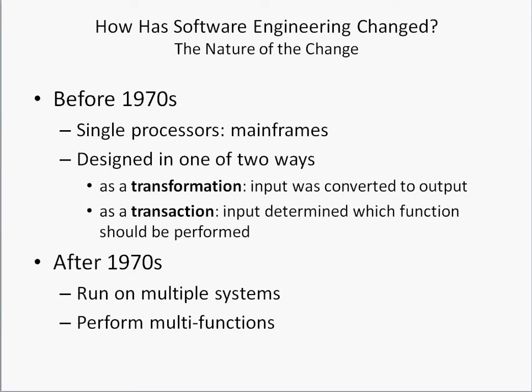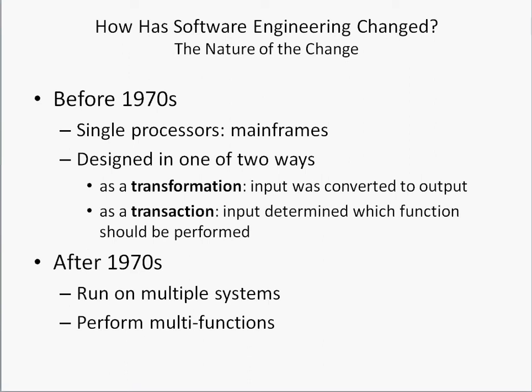Okay, so how has software engineering changed? Before the 1970s, it was fairly straightforward. We either had a transformation process, which is where we have input converted to output, or we had a transaction type solution where the input determines which function should be performed.